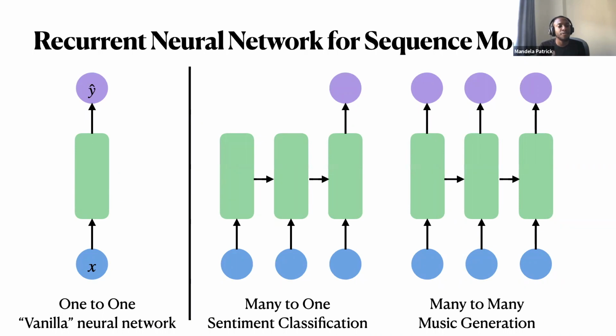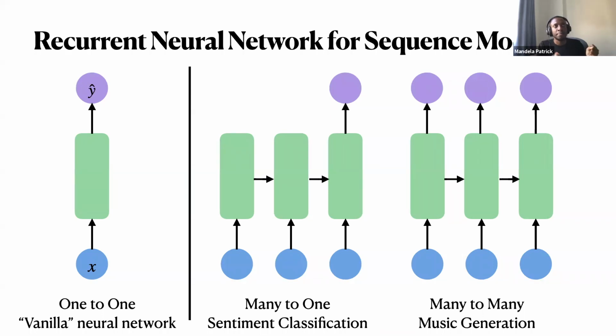In the case of, for example, sentiment classification, which is what we're going to look at in the coding exercises today, we want to assign some label to whether the sentence has a positive or negative connotation. Or, for a many-to-many relationship, we want to do music generation.